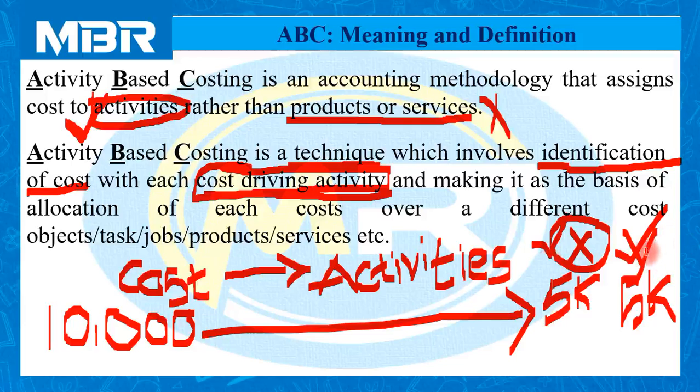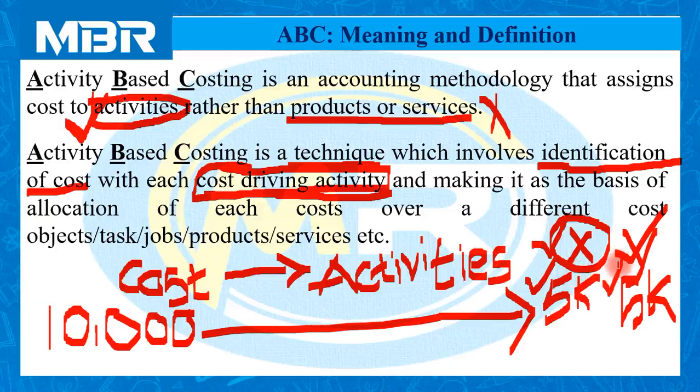But we need to pay more expenditure on product Y because we are facing cutthroat competition for product Y. And for the survival of product Y in the market, we are in need of huge expenditure on Y. Now, if we follow a traditional method out of these 10,000, this is absolutely a wrong cost structure.